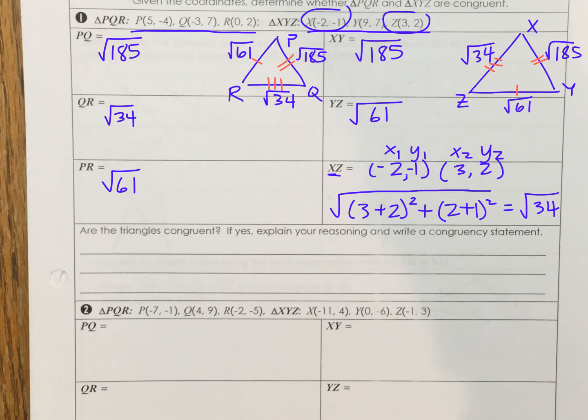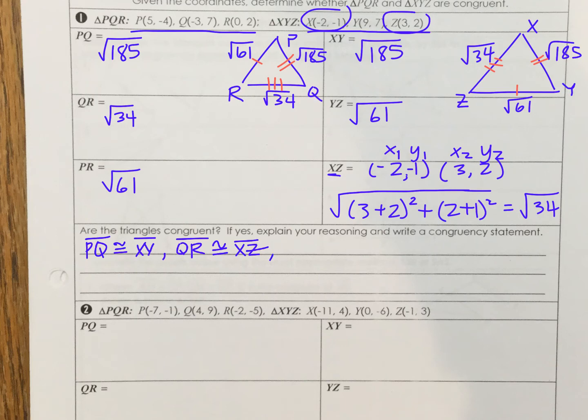So we figured out that line PQ is congruent to line XY, and we figured out that line QR is congruent to line XZ, and I'm just looking at the hash marks.